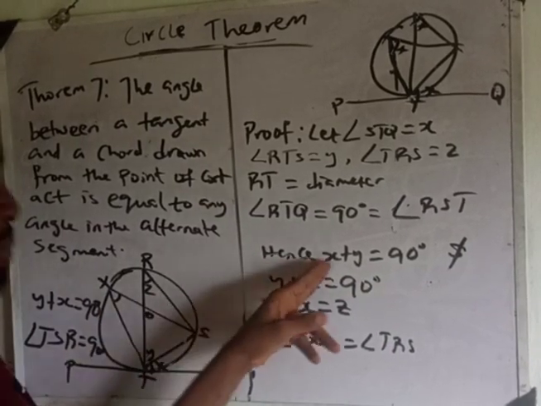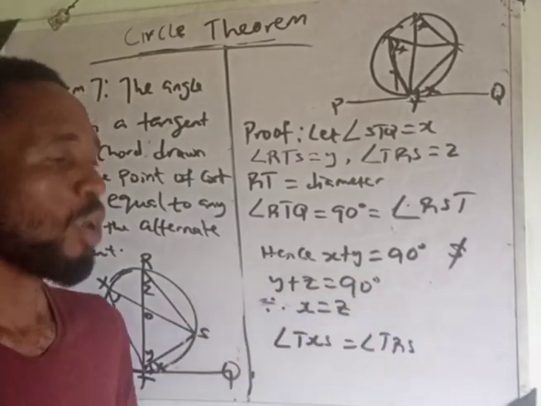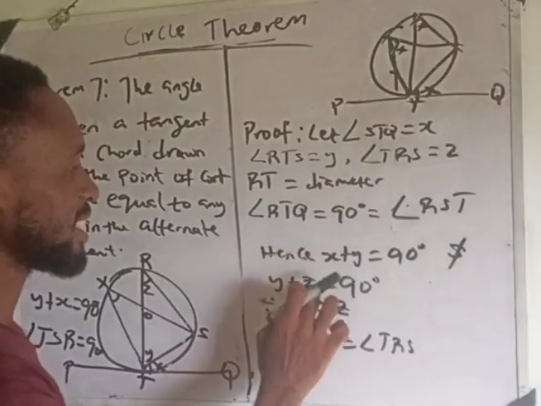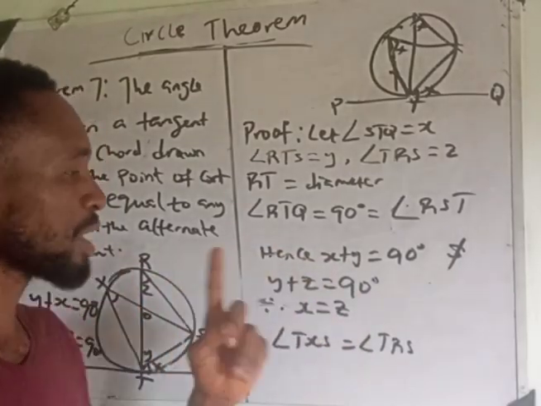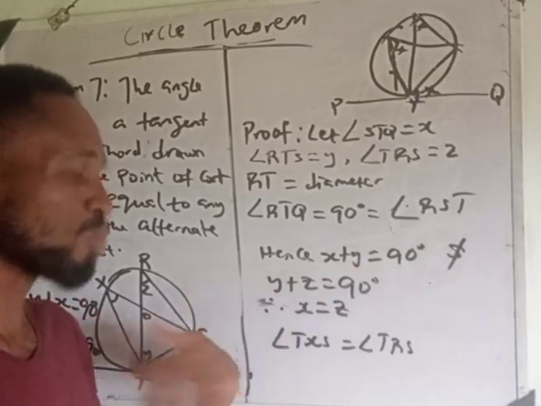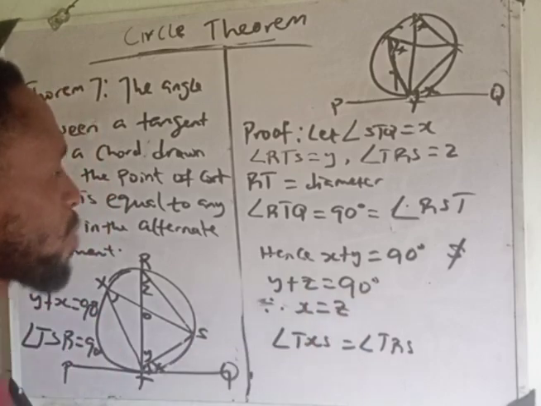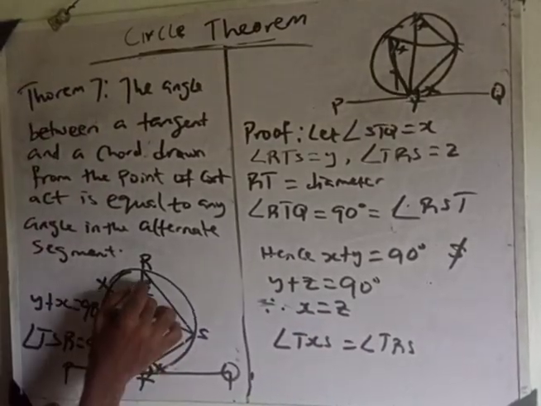If y plus x is equal to 90 degrees, and y plus z is equal to 90 degrees, it simply means that x and z are the same thing. Because it takes a unique number added to y to get 90, and it will definitely be that same number. So from here we have that this x is equal to this z.